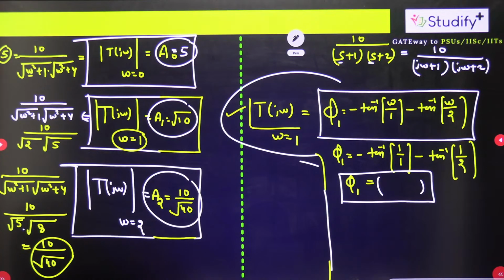Tell me, is it minus 71.56? So you are saying I am writing here this value.